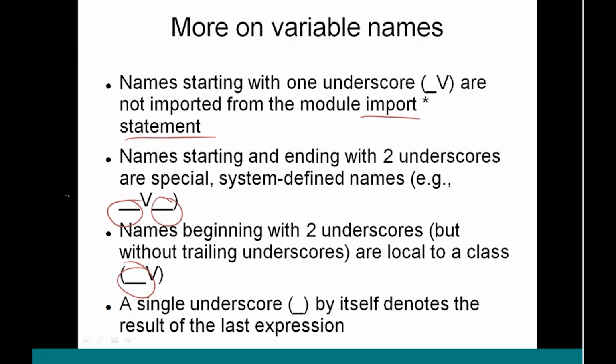A single underscore by itself denotes the result of the last expression. This is again useful when we talk about functions, because one of the things that gets returned is underscore if you don't specify a specific return statement. This is something that we saw in Tickle, basically. So those are the concepts that are still continuing in Python.